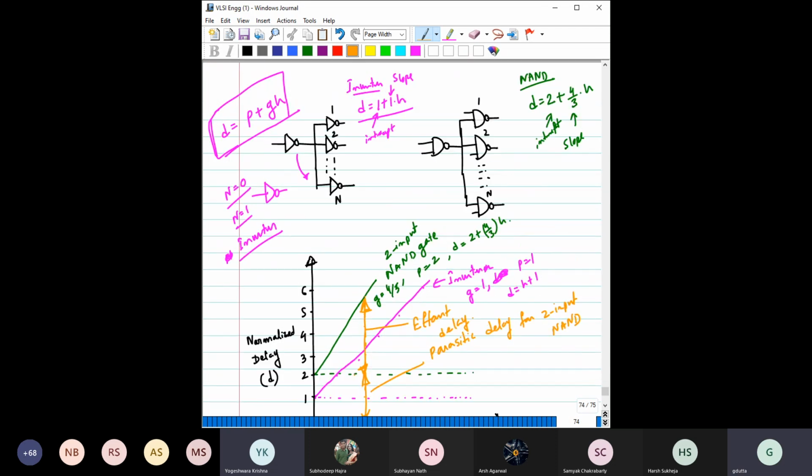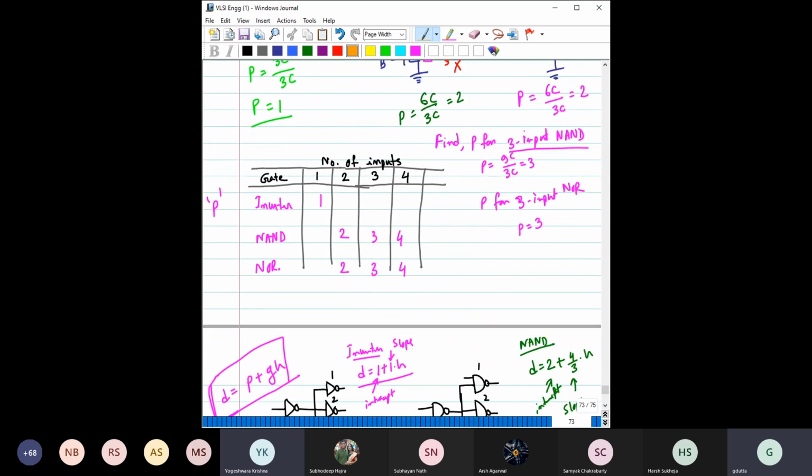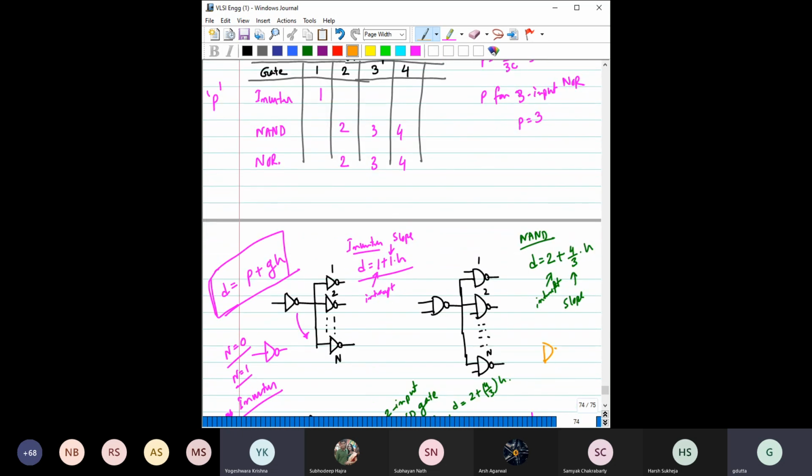When you say fan out, here for this case the fan out is n. But consider some case where this NAND gate is driving one inverter, another gate, maybe this XOR gate. XOR and all these we can discuss later.